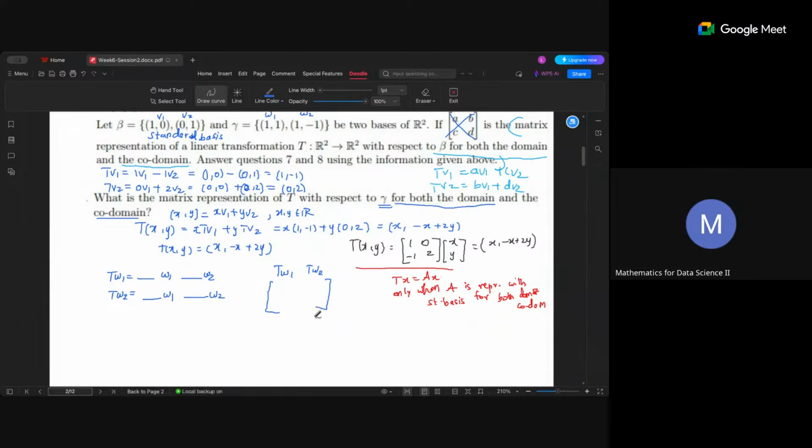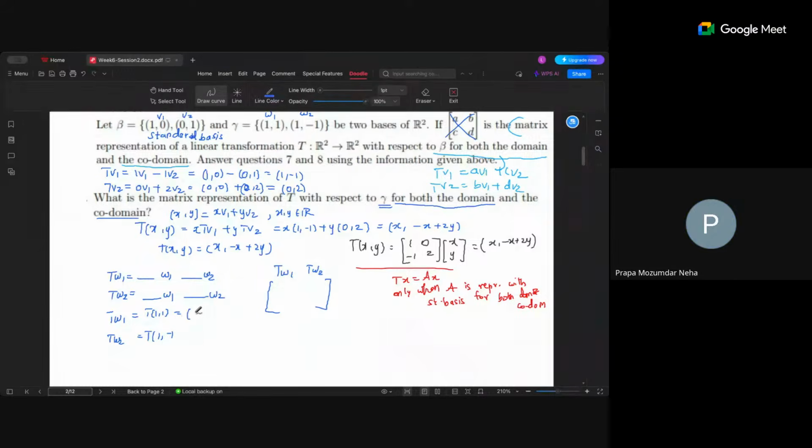Now everyone find T(W1) and T(W2). So you have to find T of (1, 1) and T of (1, -1), which you have already computed. What is T of (1, 1)? It is (1, 1).